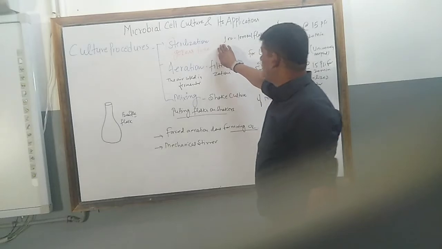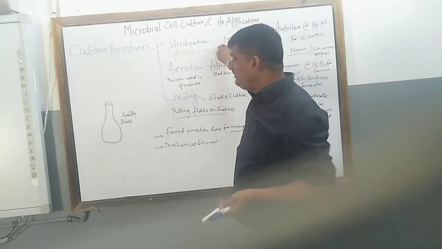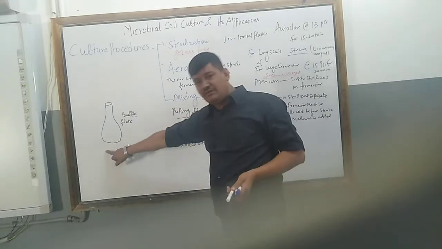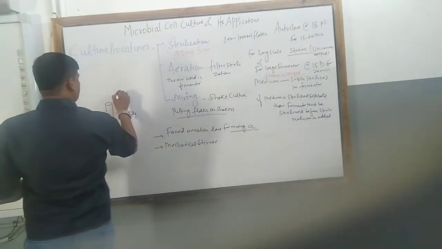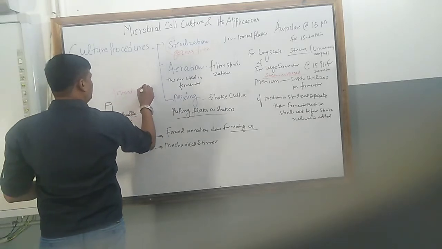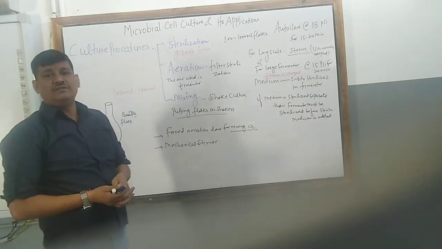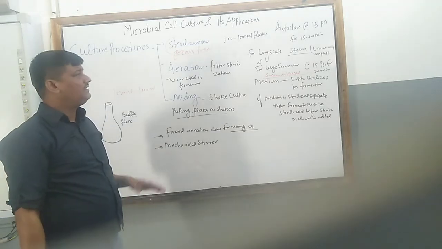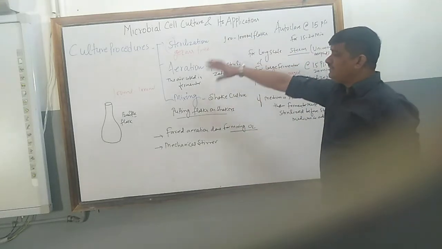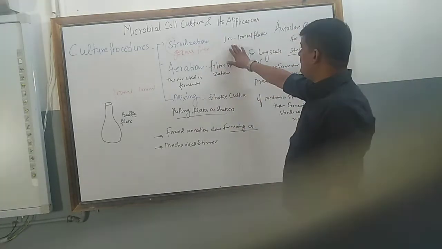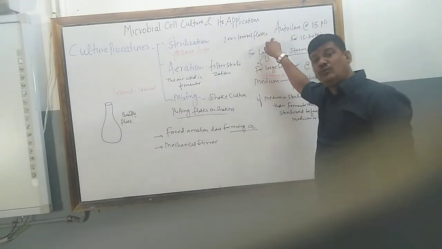Now if we are doing this sterilization in the laboratory, we normally use the buffer flask, which ranges from 100 ml to 1000 ml. This is for the small scale production that we are doing in the laboratory. The equipment we use in the laboratory is sterilized by the autoclave.